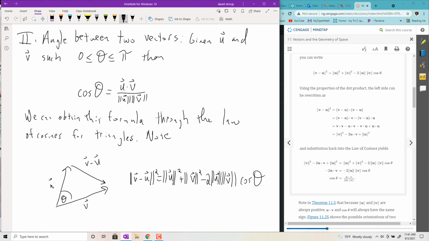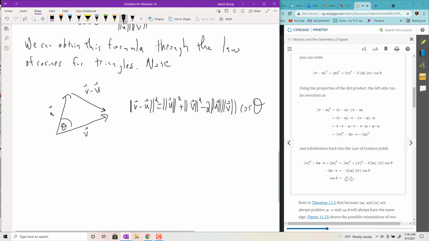You can see the proofs in the book. I'm not going to go through it. So some magic happens, and you end up with cosine of theta equaling u dot v all over magnitude u, magnitude v.